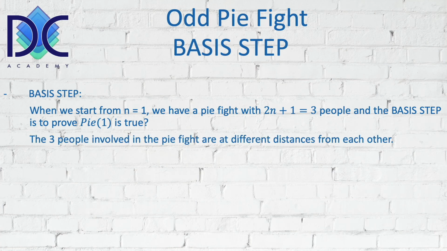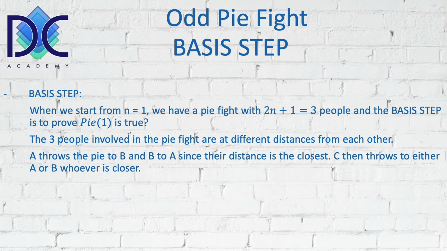Now let's have a look at it. 3 people are involved in the pie fight, and they are at different distances from each other. Now let's assume that A and B are closest to each other, since the game states that a person throws the pie to the person closest to them.